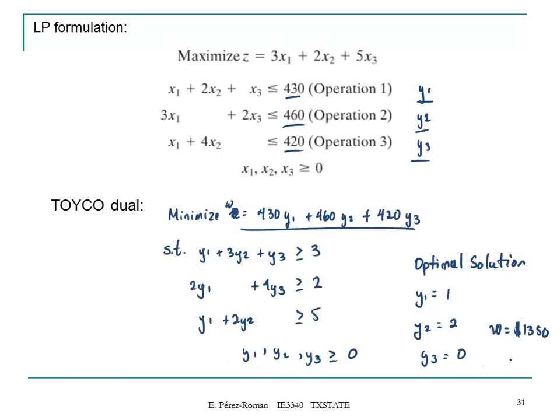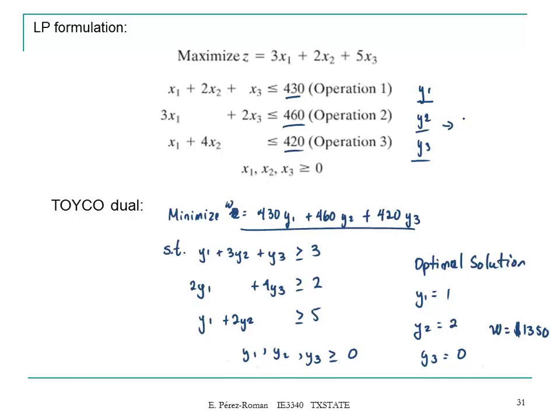Why y1, y2? Oh, yeah. I skipped one step here, and I apologize for that. I needed to make these equalities first. So you remember the first step was to make this an equality and then move to the next.